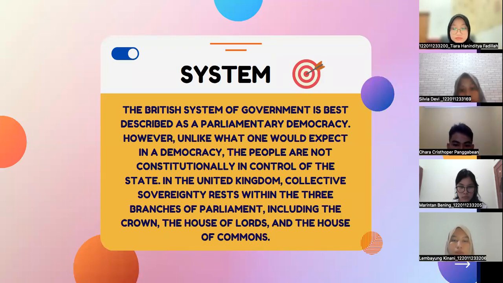the House of Commons. The UK follows the model of representative democracy, wherein the citizens elect the representative to govern on their behalf. Every 5 years, the people of Britain are given the opportunity to vote for their preferred representative to serve in parliament.